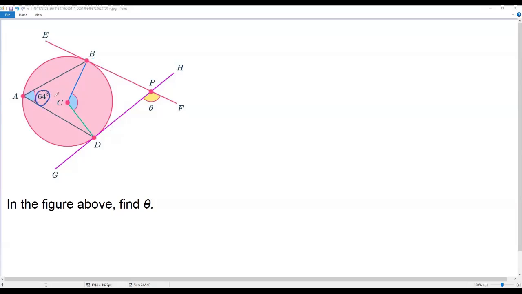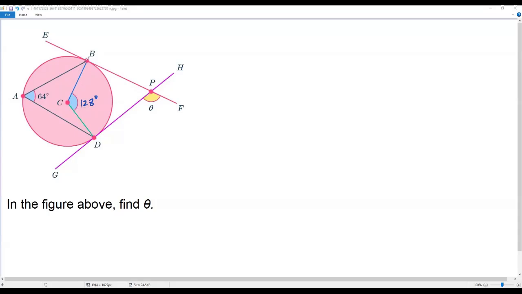And this is the angle subtended by the arc BD at a point A on the circle. Then what is the measure of the angle subtended by the arc BD at the center? It is twice the angle subtended by the same arc at a point on the circle. So 2 times this 64 degrees, 128 degrees. Now I got one of the interior angles of the quadrilateral BCDP.